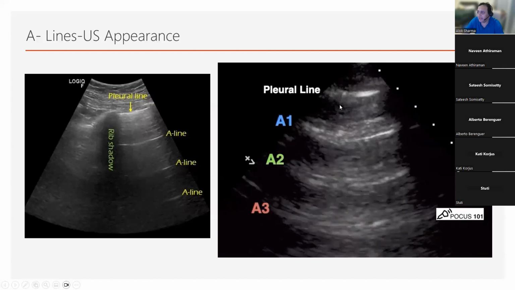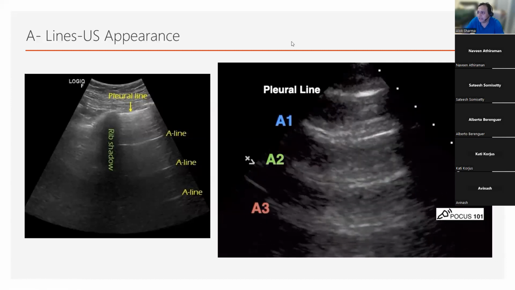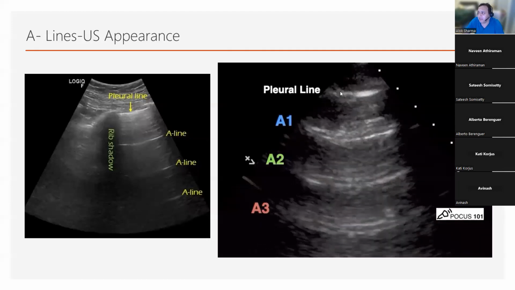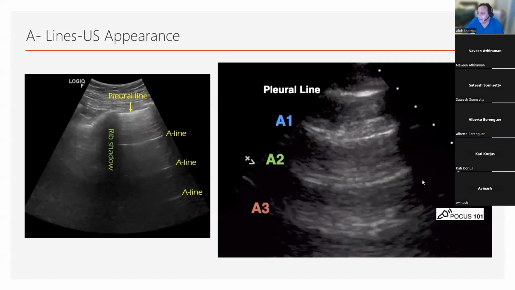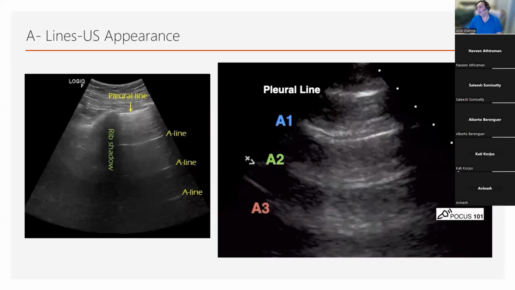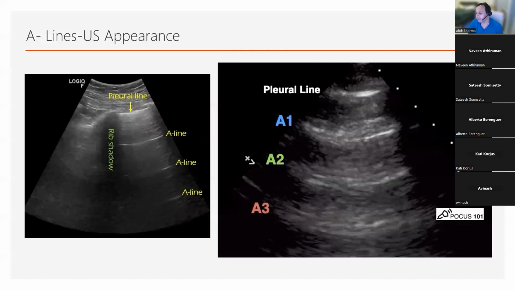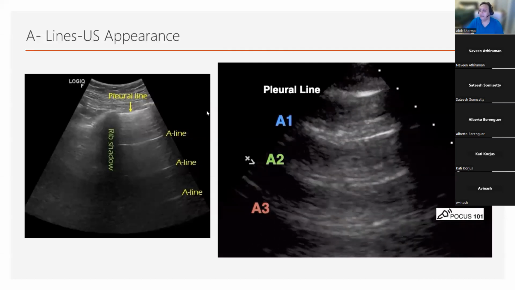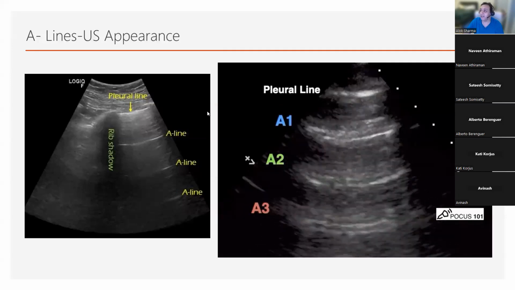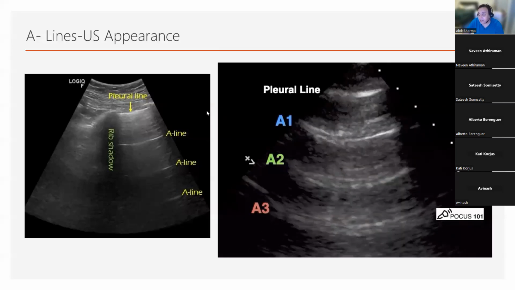But again, what I'd say is that if you can see pleura sliding, which you can see at the top over here with my cursor, along with parallel equidistant A lines in your entire lung fields, that's anterior, lateral, and posterior, then essentially what you're dealing with, if you can see the batwing sign at the start, is normal, well-aerated lung.